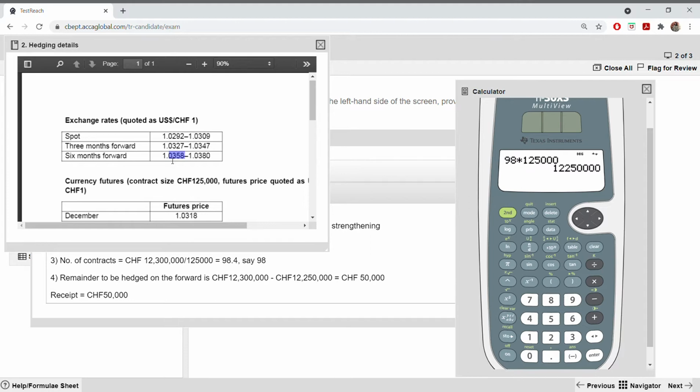That means 50,000 Swiss franc will be how many dollars? So just multiply. Because 1.0358 is in dollar, and your 50,000 is Swiss franc, a different currency, so multiply. If you put the multiplication sign it comes like this, but what you can do is just put X, the cross sign, to show that it's multiplication.